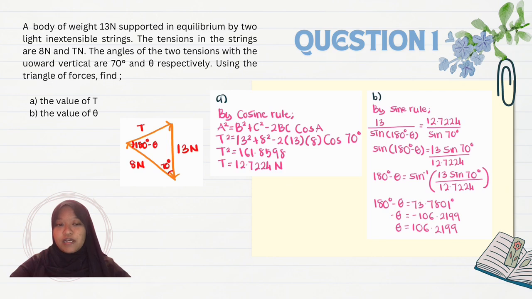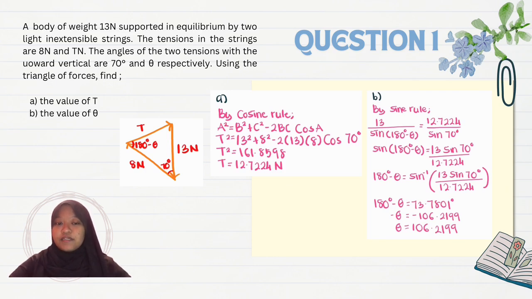By using the cosine rule, a squared equals b squared plus c squared minus 2bc cos A. So we substitute the values based on the question given. C squared equals 13 squared plus 8 squared minus 2 times 13 times 8 times cos 70.